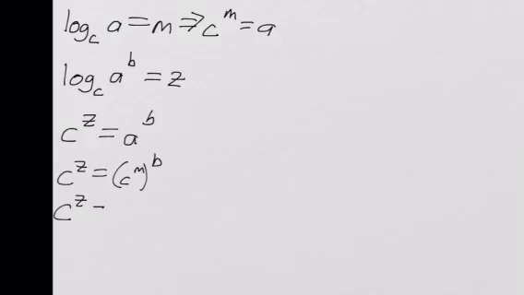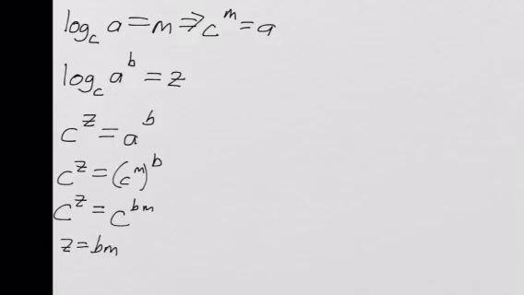Or c to the z, when you take a power to a power, you multiply the exponents. So that's going to be c to the bm. Well, first, the one-to-one property tells us that z equals bm.